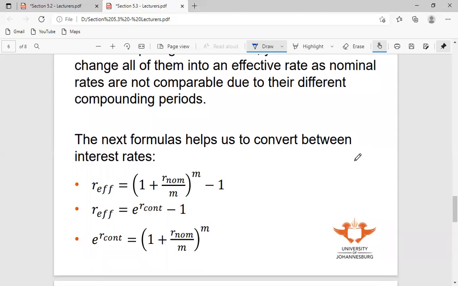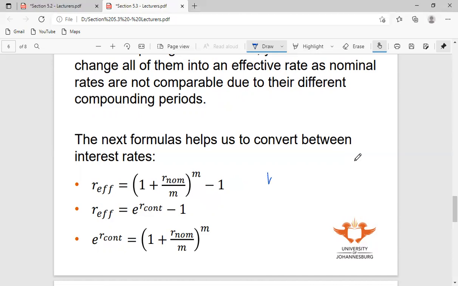Okay. So then every time interest rates are being compared, you convert all the given interest rates to effective interest rates. You cannot compare interest rates while they are nominal or in continuous rates. You can only compare when their compoundings are the same, and that's only when they are in their effective interest rate forms.